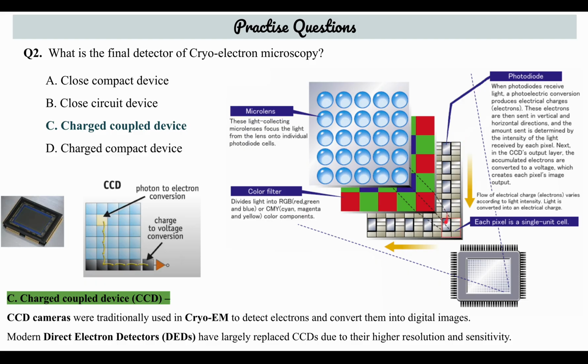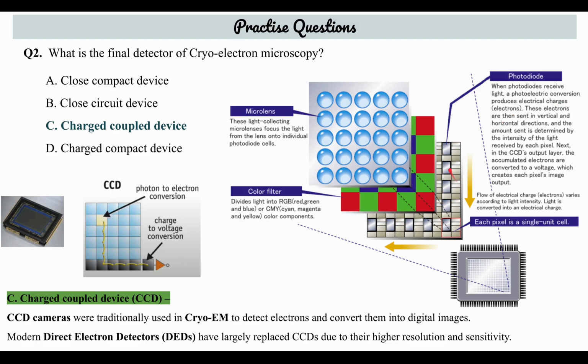This is the color filter. After the electrons pass through it, they pass through the color filter which divides the light into RGB or CMY color components. Then they enter the photodiodes. These photodiodes receive the light, and a photoelectric conversion produces electric charges, that means electrons.